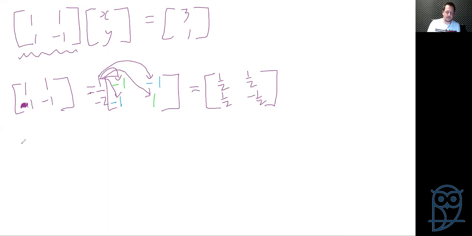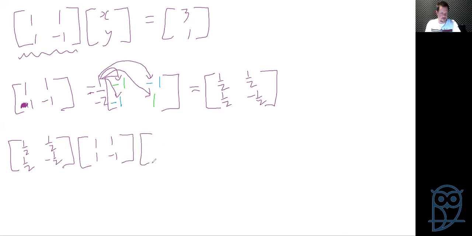All right. So if I multiply this on the front, and then x, y, notice I've put this matrix first. That means I need to put the matrix first over here as well.